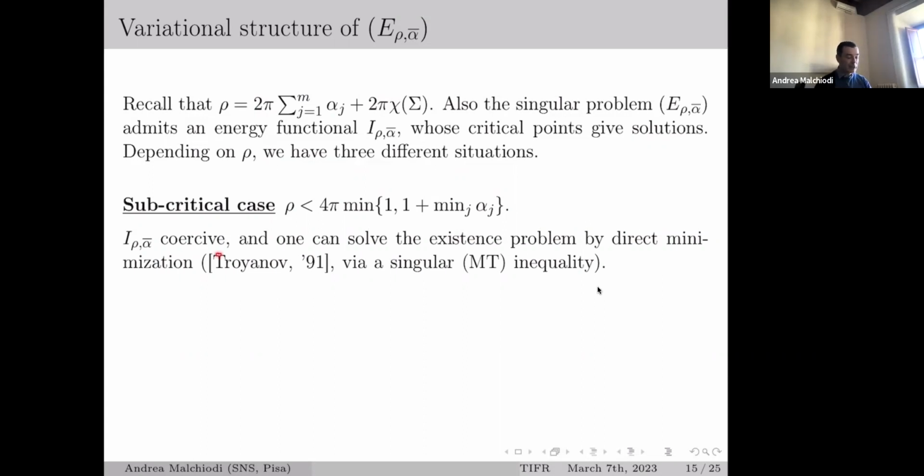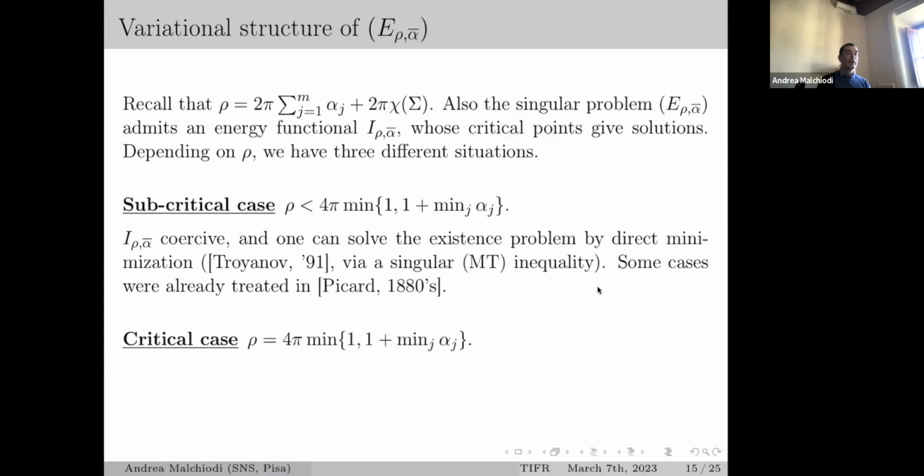The energy is coercive, and you can find the solutions as global minima exactly as before. This was done by Choyanov via a singular Moser-Trudinger inequality, which takes the conical points into account. Some cases were already treated by Picard back in the 1880s.